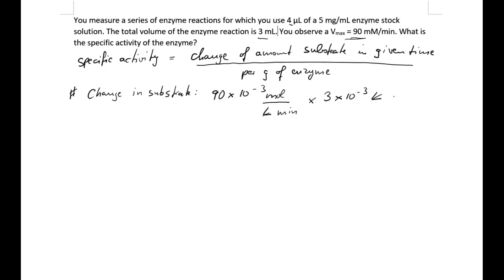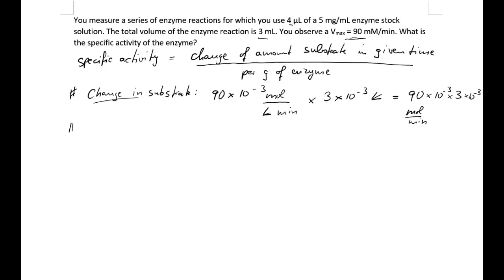And for the change in substrate, we can write 90 times 10 to the minus 3 times 3 times 10 to the minus 3 mole per minute. I don't want to actually do the calculation to avoid any rounding. We just do the rounding right at the end. So that is the change in the substrate in mole per minute.